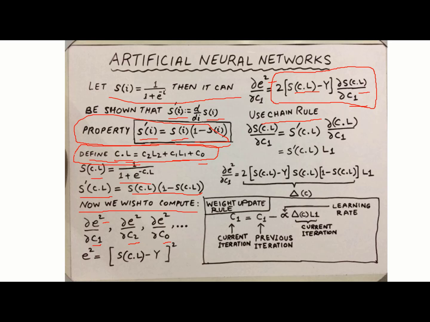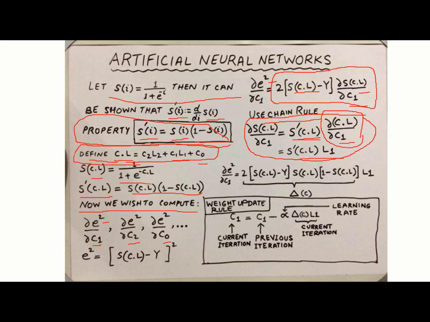And therefore, if you want to compute the partial derivative of S of C dot L with respect to C1, you need to apply the chain rule. So S will be first differentiated with respect to the input C dot L, and then you're going to take the derivative of C dot L with respect to C1, and you're going to get S prime of C dot L times L1.